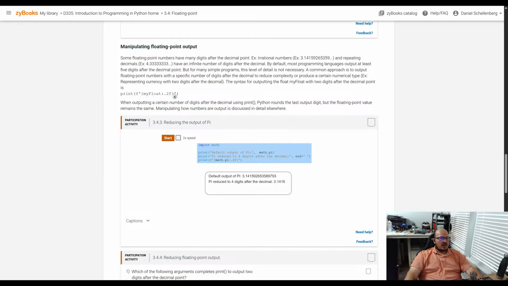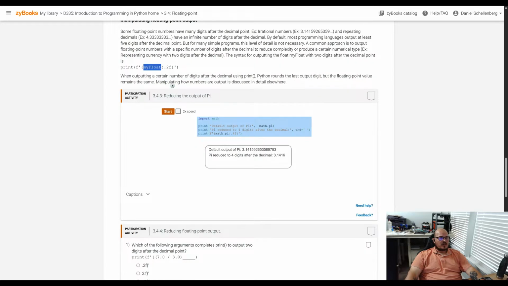So when you put this colon dot 2f, that is basically saying to have 2 digits after the decimal point, whether it's a 0 or not. If you don't put that, and let's say it's a 0, it'll only output one 0, like 2.0. But if it's 2.00 and you want that 00 to be there, you'd put this colon dot 2f after your variable to make sure it adds those two.